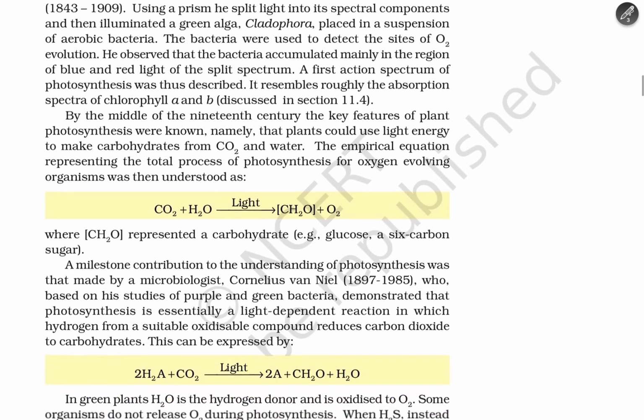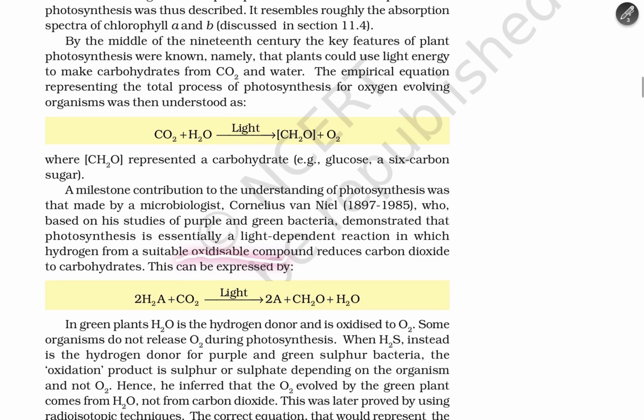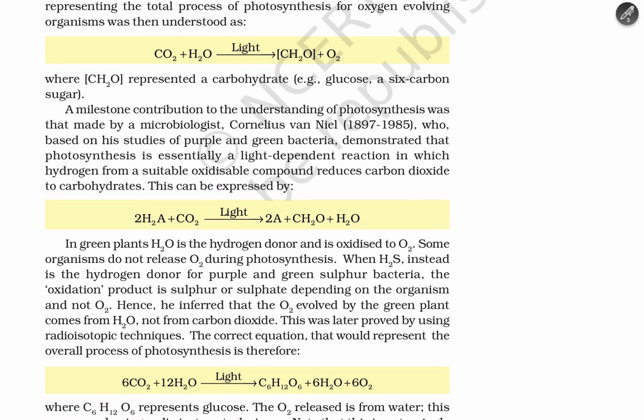A milestone contribution to the understanding of photosynthesis was made by the microbiologist Cornelis van Niel (1897 to 1985), who, based on his studies of purple and green bacteria, demonstrated that photosynthesis is essentially a light-dependent reaction in which hydrogen from a suitable oxidizable compound reduces carbon dioxide to carbohydrates, which can be expressed by 2H2A + CO2 → 2A + CH2O + H2O. In the green plant, H2O is the hydrogen donor and is oxidized to O2.